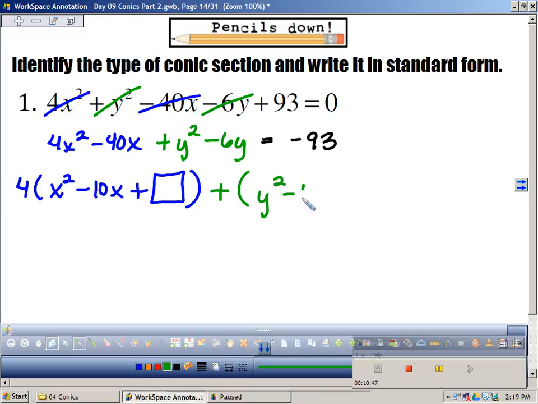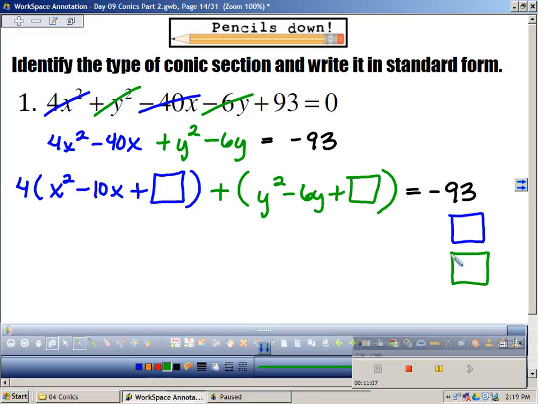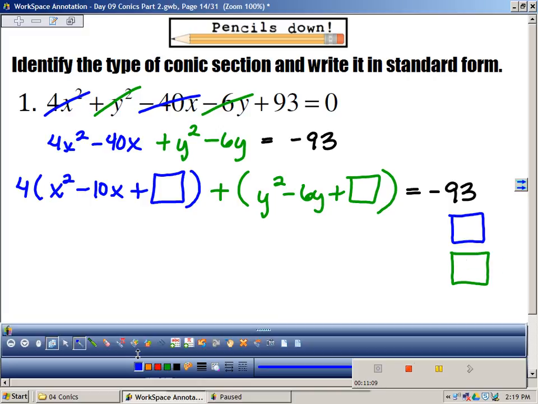So this is going to be y squared minus 6y plus something. That's going to be a perfect square. And on the other side, I'm going to have my negative 93. I'm also going to have whatever I completed the square with of my x's and whatever I completed the square with my y's. Only with my x's, I don't have one box, I have 4 of them.